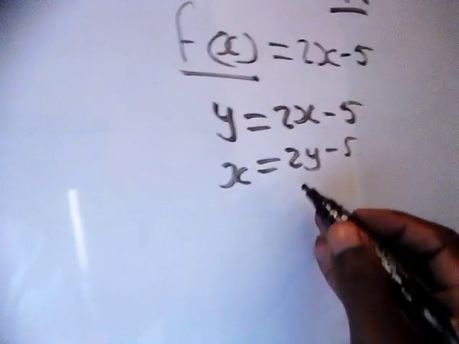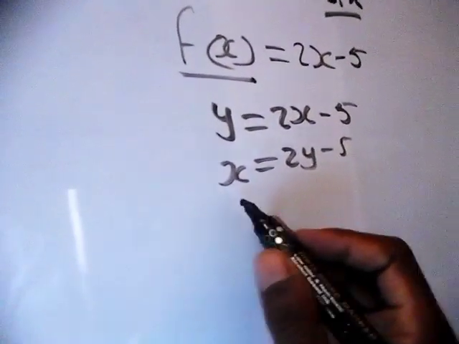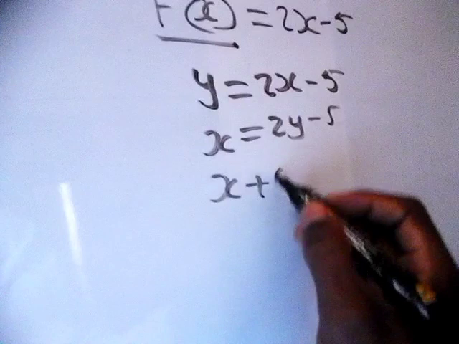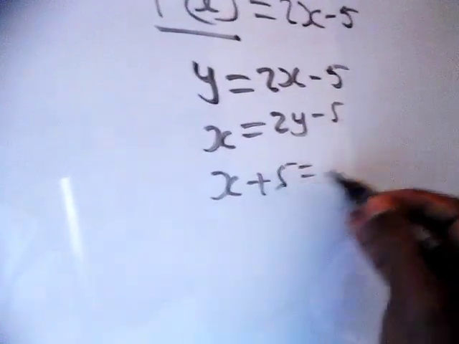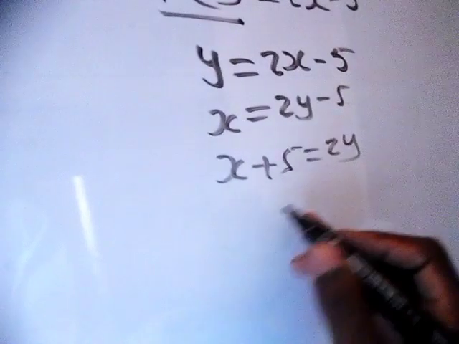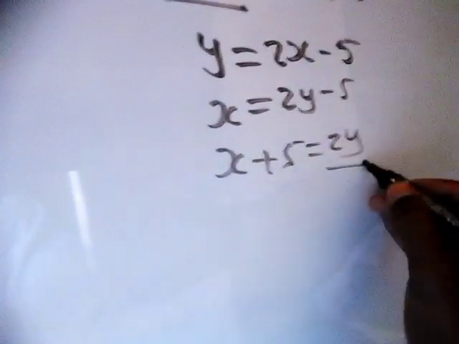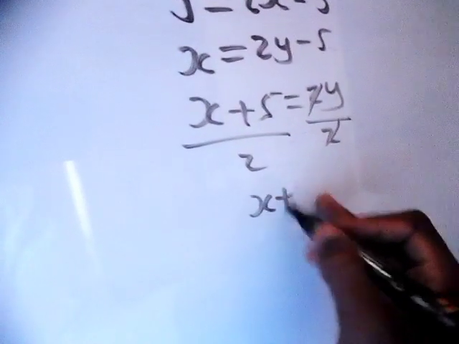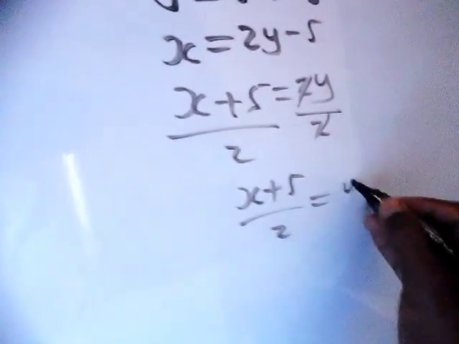If we do so, we bring the minus 5 to this side to be plus 5. We have 2y on this side, and we divide by 2. We have x plus 5 over 2 equals y.